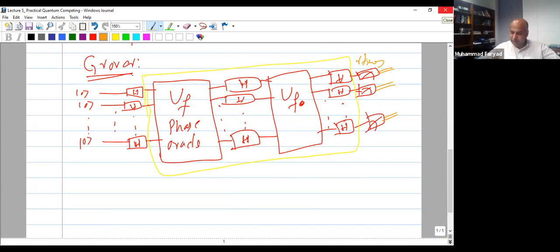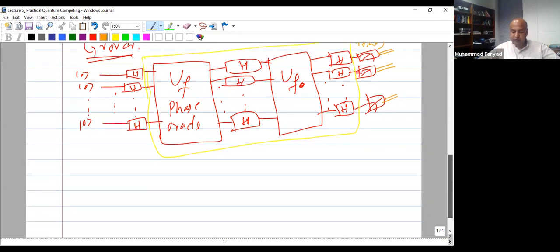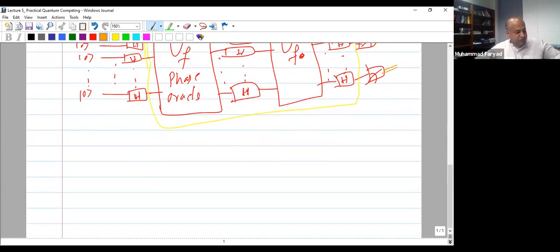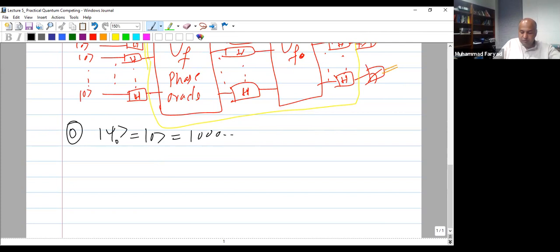All right, so let's now analyze why it works, and how to see that it really is what we are saying that it is. For that, let me start with the zero step. At the zero step, we have this zero state. So the initial state psi naught is this zero state, which is just a symbol for this, and I hope that you remember that this really means this.